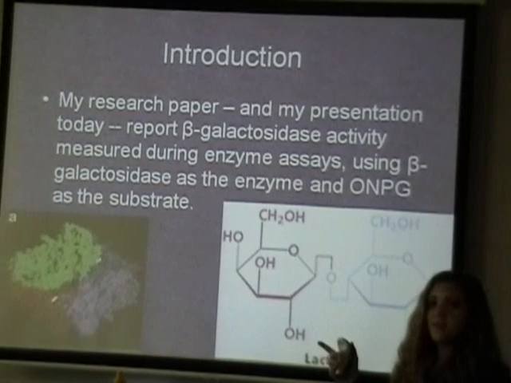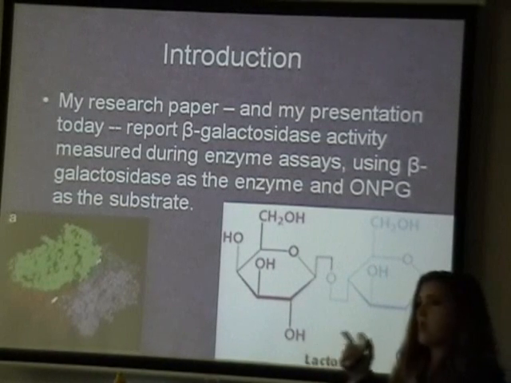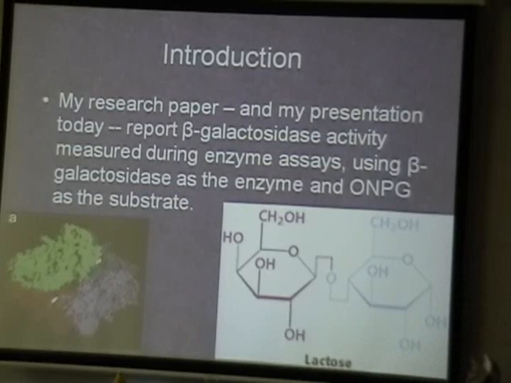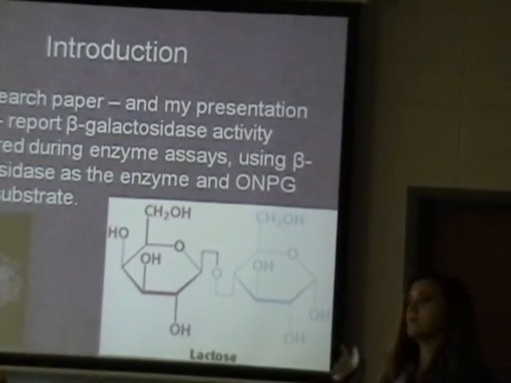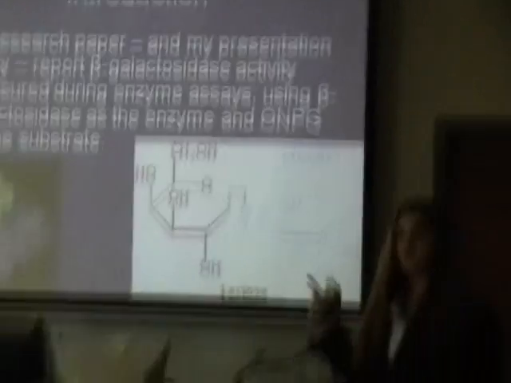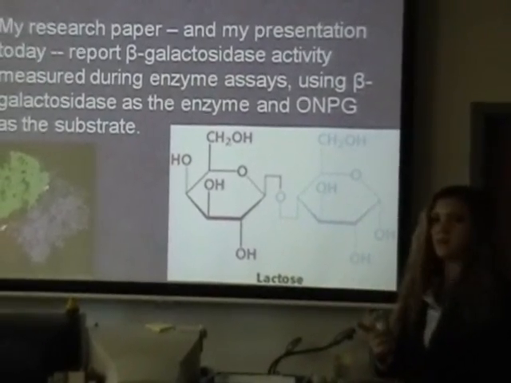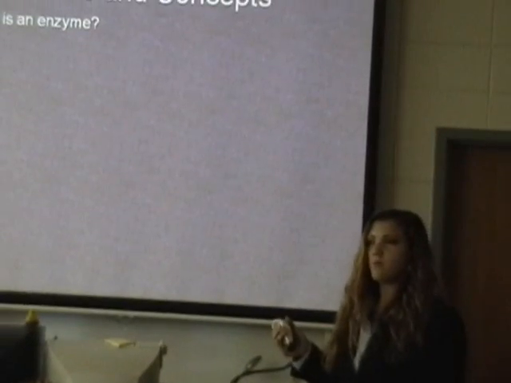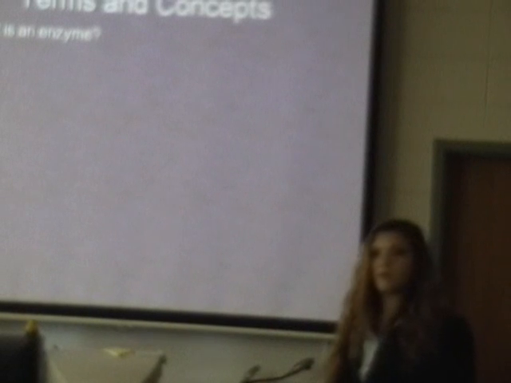The first picture is a picture of beta-galactosidase, the enzyme, and over here is a picture of lactose. I have a picture of lactose up here because in my project I'm using MPG as a substitute for lactose, and I'll get into that in a little bit. Here are some terms and concepts I thought would help y'all understand better.